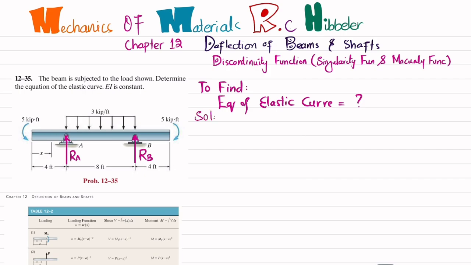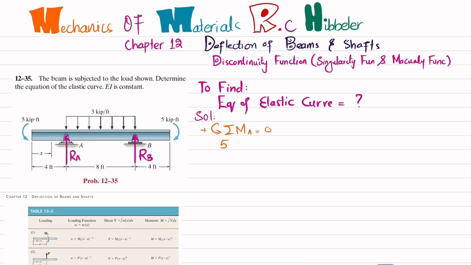The first equation of equilibrium is that the sum of all moments about point A is equal to 0, taking the counterclockwise moment as positive. About this point A, one moment is this 5 kips-feet, that is counterclockwise, so it will be positive. So I will write 5.